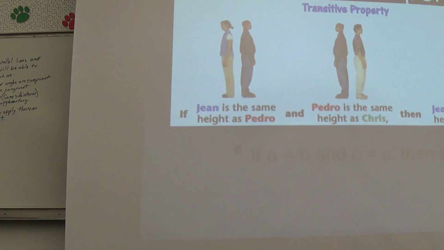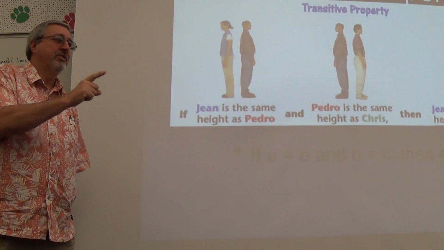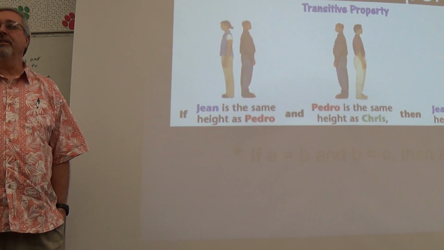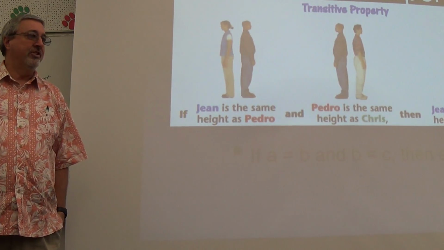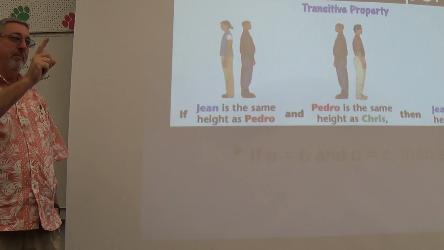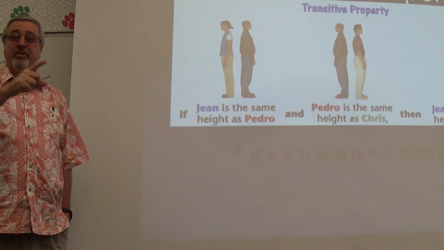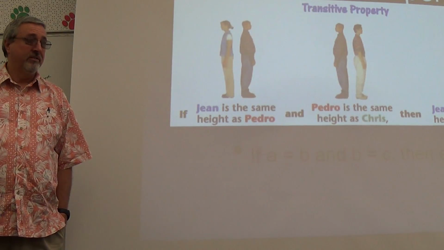All right, so the transitive property. If Gene is the same height as Pedro, and Pedro is the same height as Chris, then Gene is the same height as Chris. If Babe Ruth had the same batting average as Bo Jackson, and Bo Jackson had the same batting average as Jackie Robinson, then Babe Ruth had the same batting average as Jackie Robinson, right?